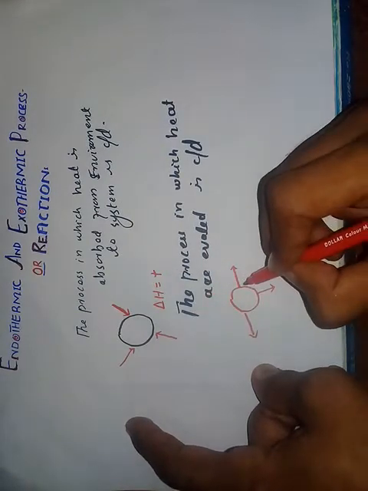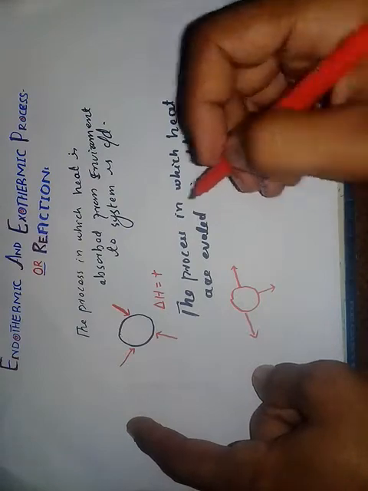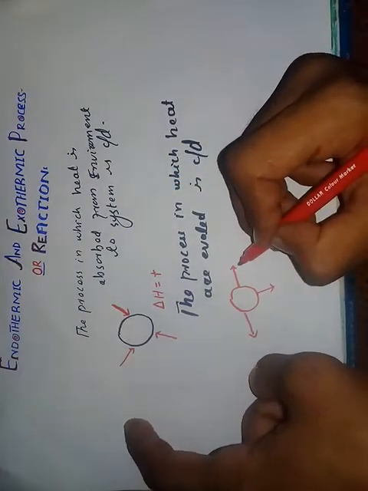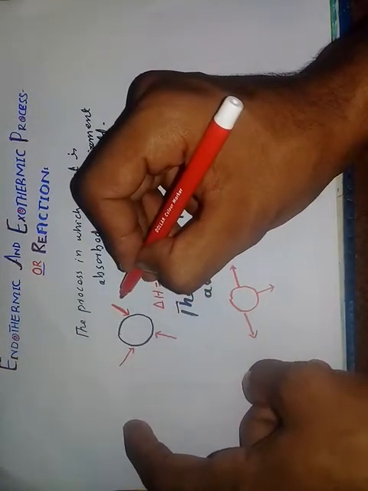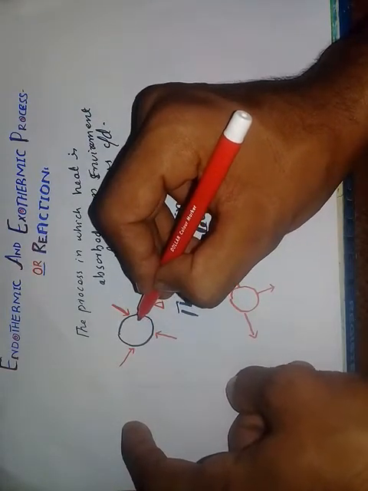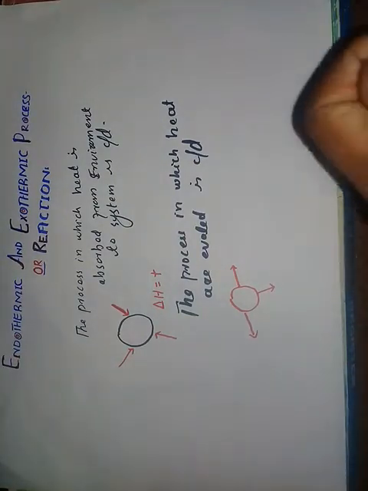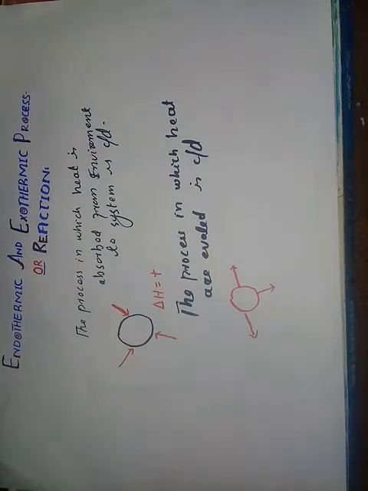So the environment temperature increases, while in the endothermic case the environment temperature decreases, but the system temperature increases. Yes, understand? Now I will show some examples and also say whether it is endothermic or exothermic.